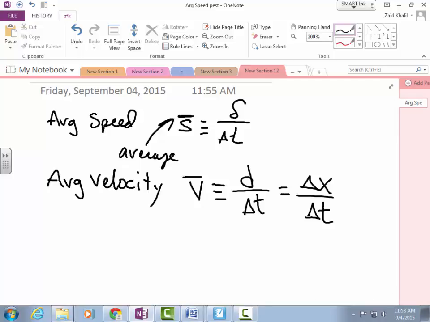But anyone with any mathematical background, when you see average velocity being equal to delta x over delta t, what should that look like to you? That should look like a slope. Do you see a slope?